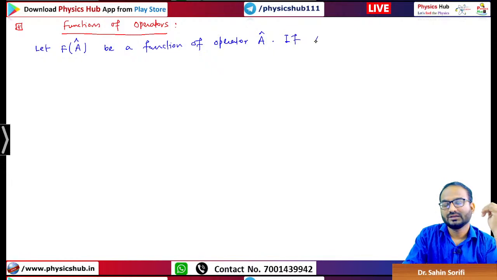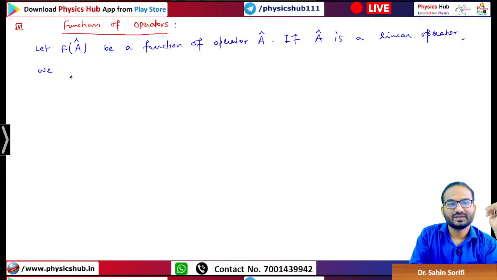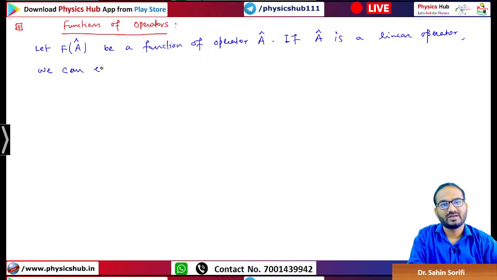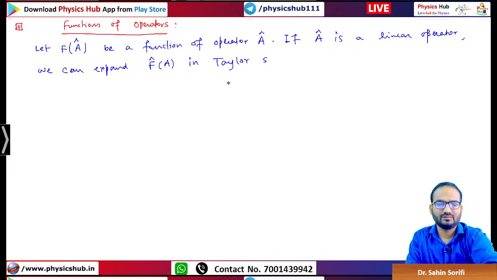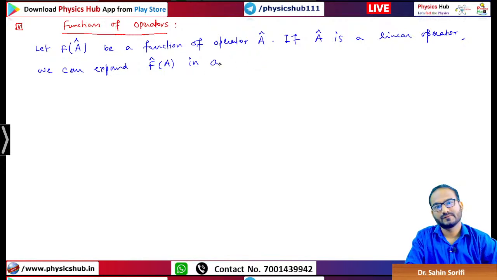Now if A is a linear operator, we have already defined what a linear operator is, we can expand this f of A in a Taylor series, or simply we can expand f of A in a power series of A. So we'll write different powers of A along with their coefficients.